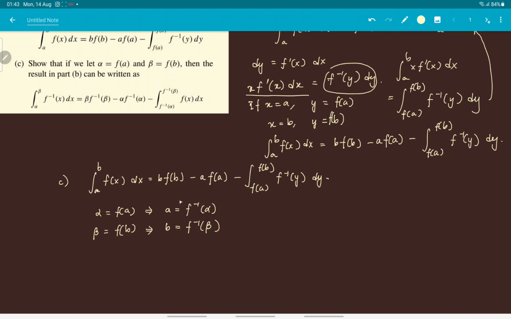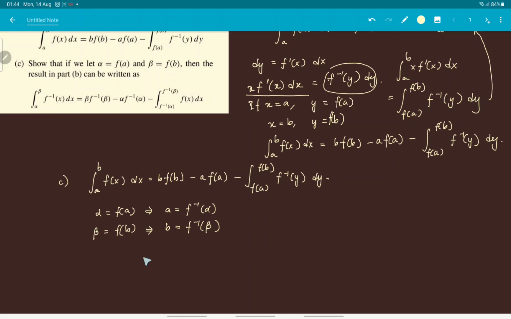So you can use this information to substitute into this equation.